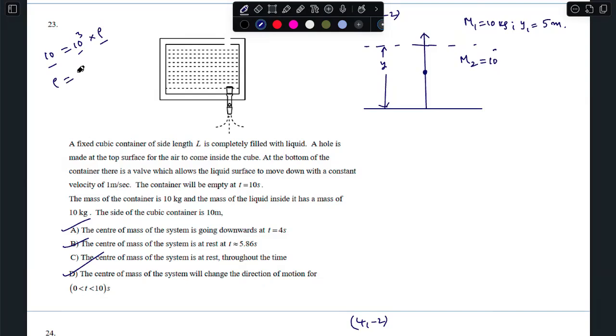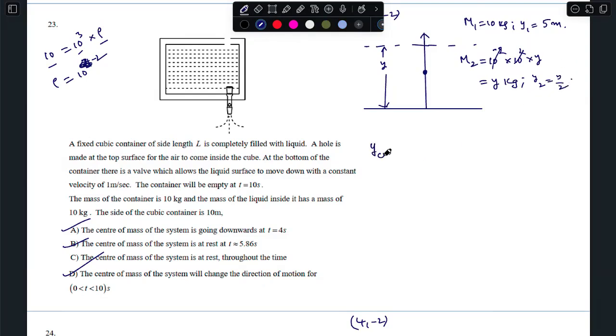So rho is 10 to the power of minus 2. Correct again. So mass is density times volume, therefore this is y kg at any time. What does the center of the liquid become? y by 2.